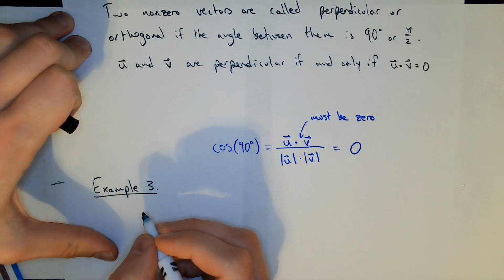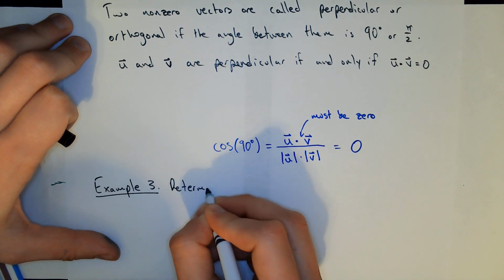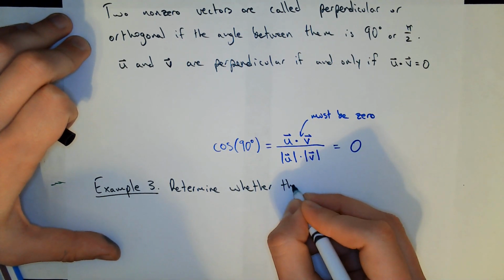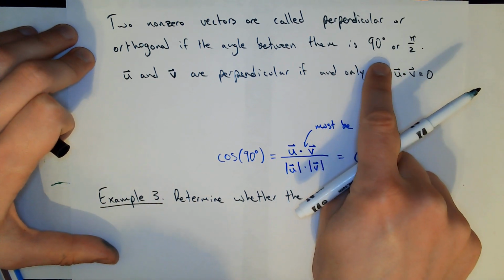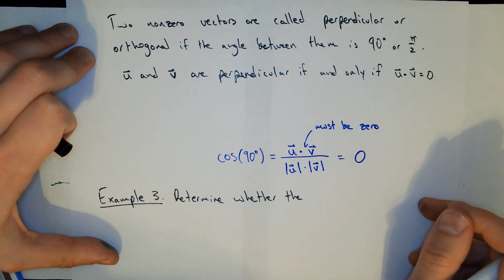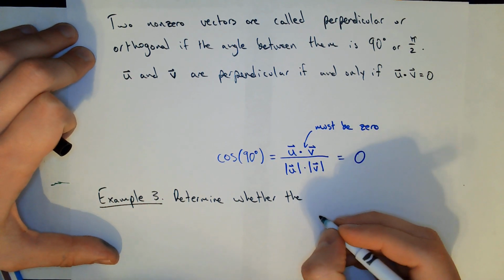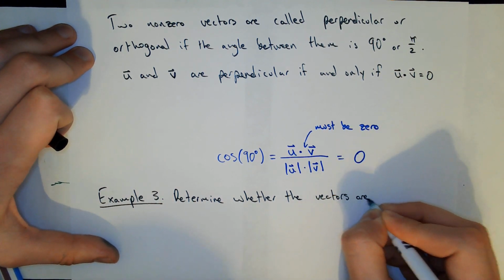So example 3 says, determine whether the vectors are perpendicular. This idea about the dot product being 0 if and only if the angle between them is 90 degrees is used in a lot of proofs that you'll see in calculus. It's a very heavily used fact. Determine whether the vectors are perpendicular.